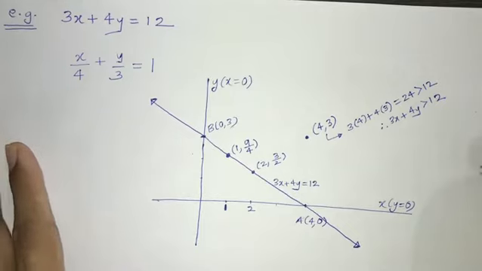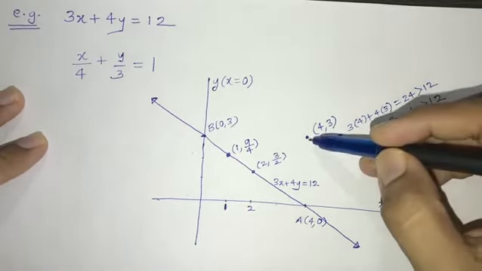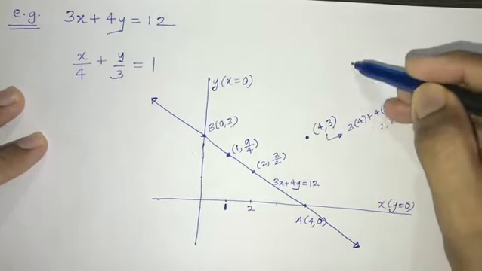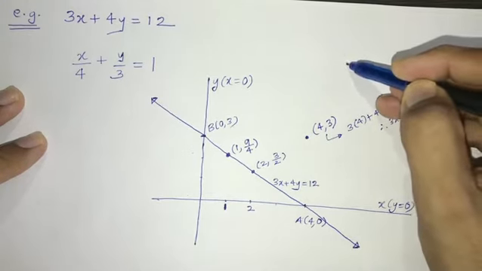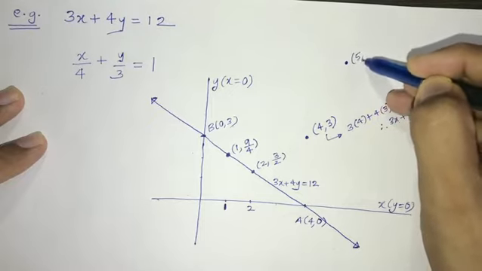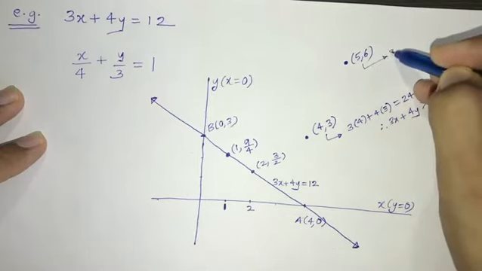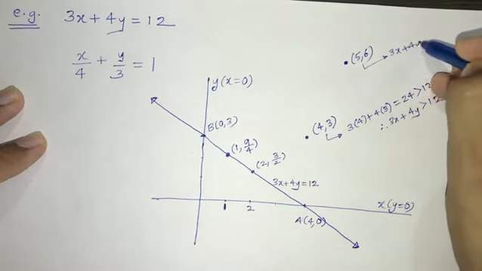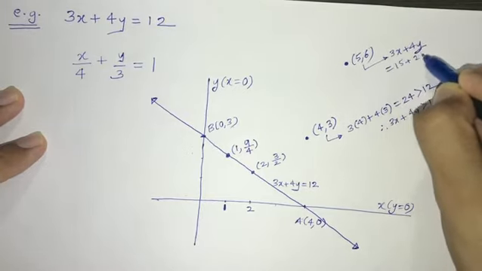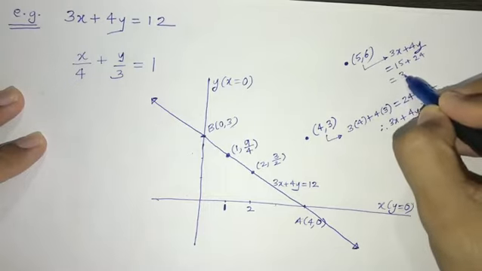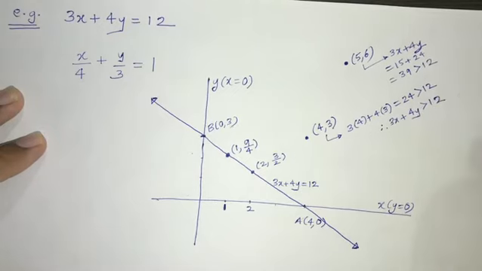Okay. Let us take more examples. Let me take a point here, (5, 6). For this, if I calculate 3x plus 4y, what I'm going to get is 15 plus 24, which is 39. 39 is greater than 12.